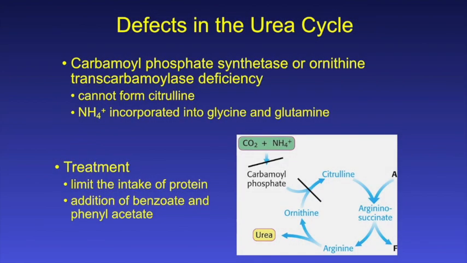All right, there are a couple other places that we can have deficiencies. We can either have the deficiency in incorporating the ammonium into the first intermediate, or we have a deficiency in the enzyme that takes ornithine and makes it citrulline so it can go down the cycle. The treatment for these is to take benzoate or phenylacetate.